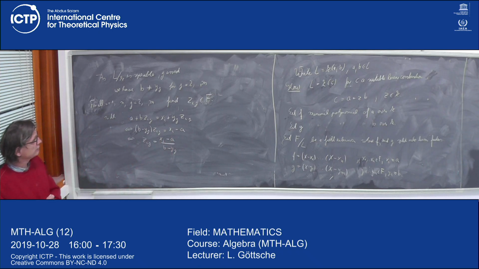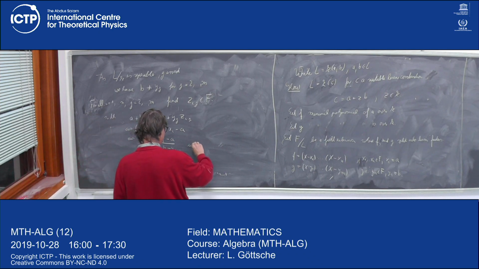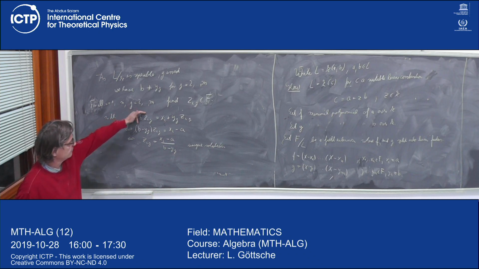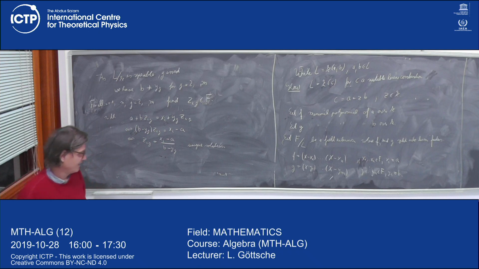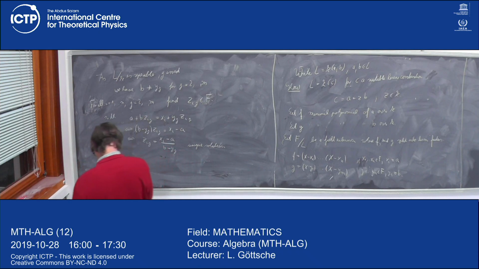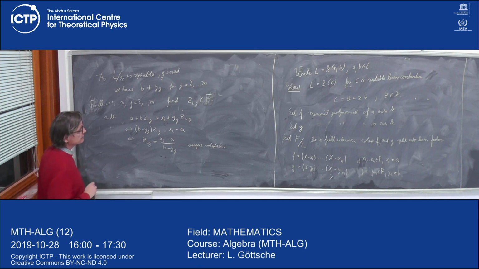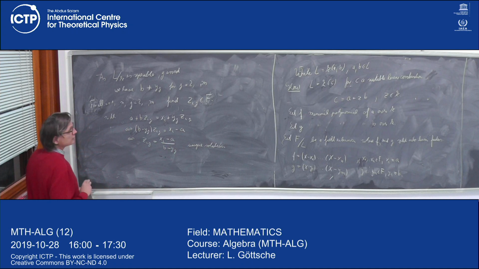So this is the unique solution of this equation. The only zij which satisfies this is this element here. This is an element in F, it could happen to be in K, but we don't care.